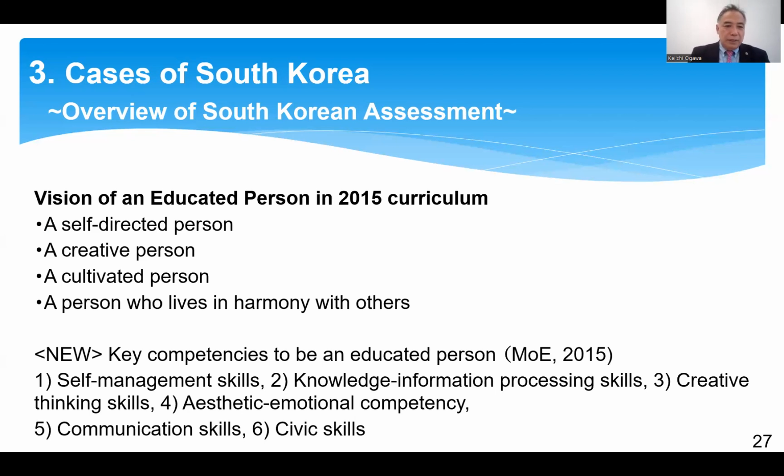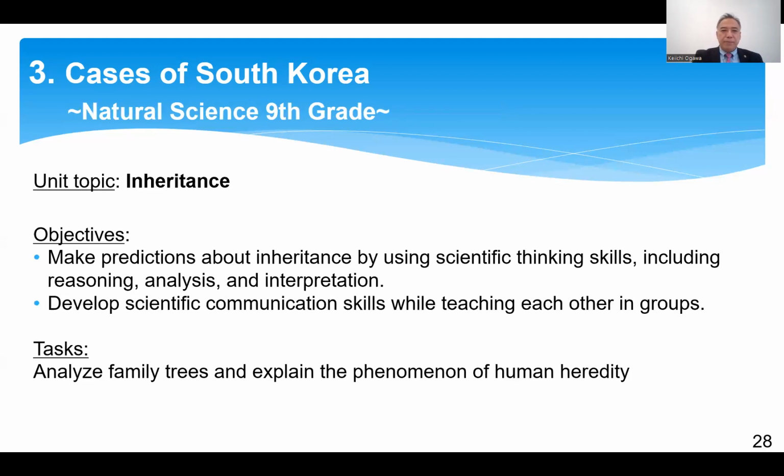The key competencies for an educated person are self-management skills, knowledge and information processing skills, creative thinking, authentic emotional competencies, communication skills, and civic skills. Those are keywords. Then how should we assess what kind of education we provide, to ensure that the education can meet their vision?